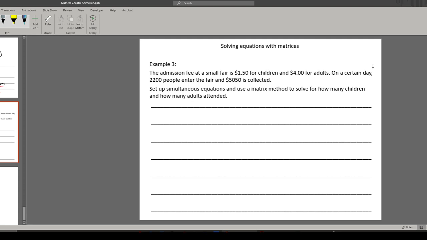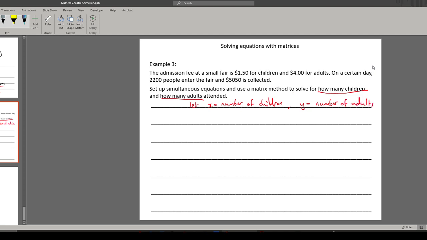So the first thing off the bat, any sort of worded problem, we identify what we have to give at the end. How many children, how many adults. They're the things we're after. They're the things our variables should be. Okay? So I'm going to let x equal the number of children, okay, and y equal the number of adults.